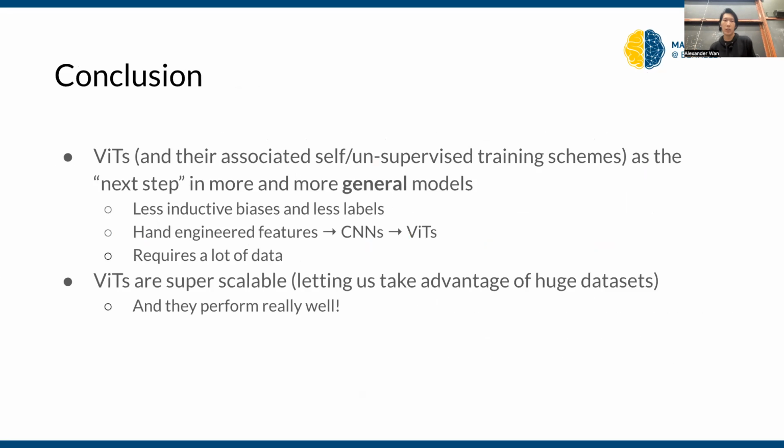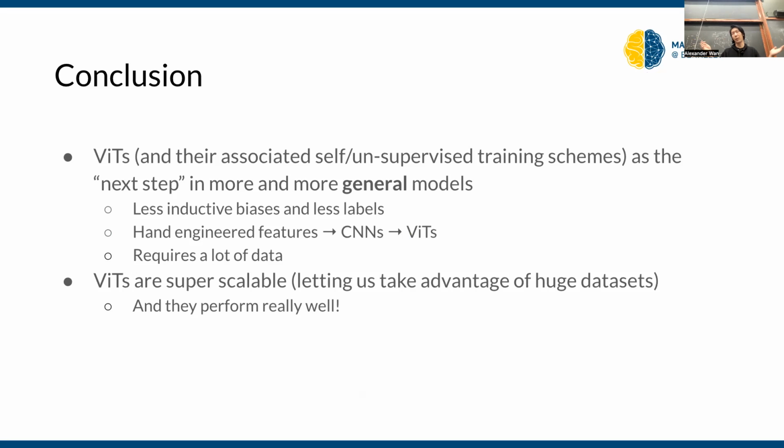To conclude, vision transformers and their associated self-supervised and unsupervised training schemes are the next step toward more and more general models, general meaning less inductive biases and less hand-labeled data, transitioning from hand-engineered features to vision transformers later on.